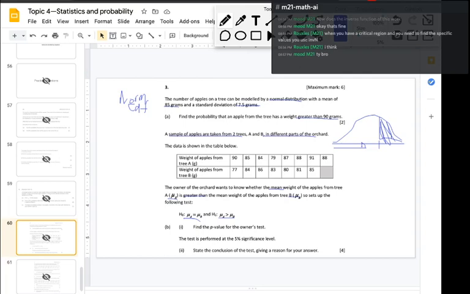Whenever you compare between 2 samples, you always use a t-test, because it's the only thing with 2 samples. Usually that's only 1 sample.